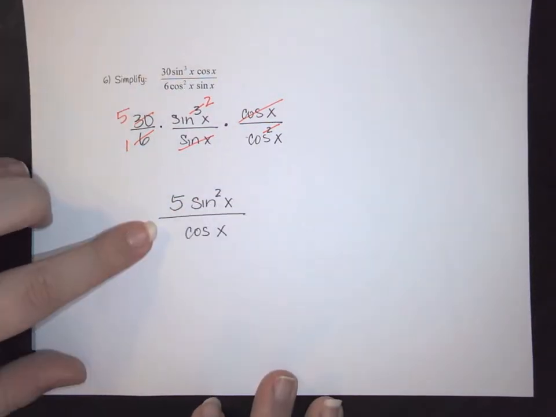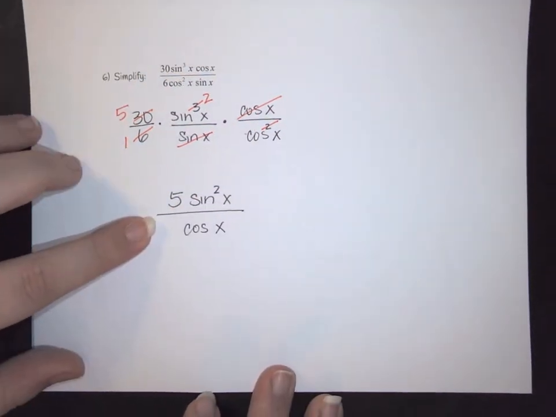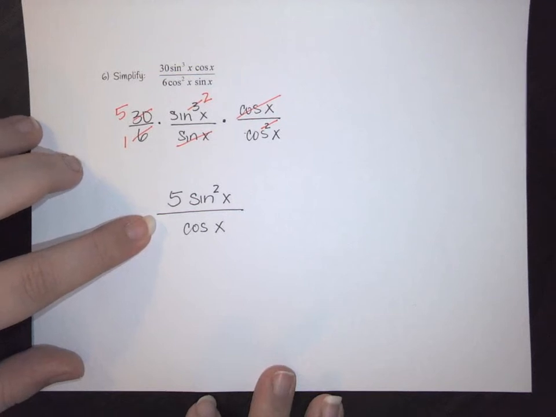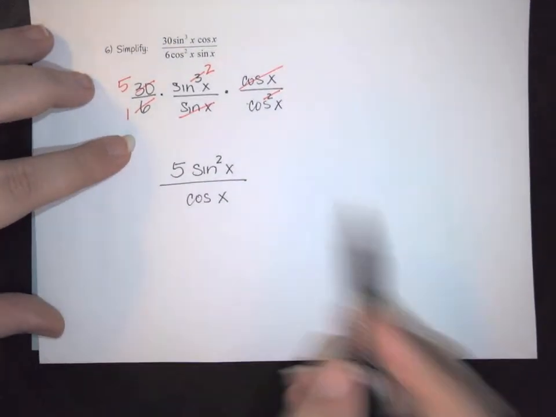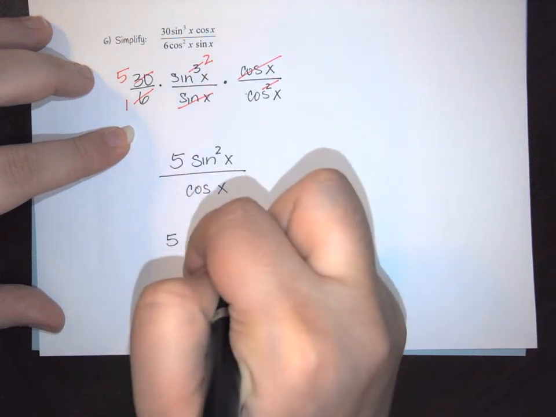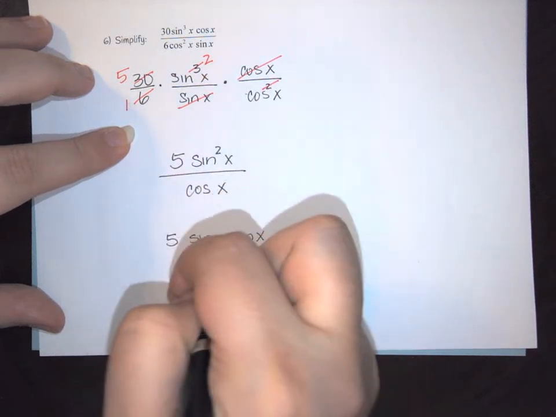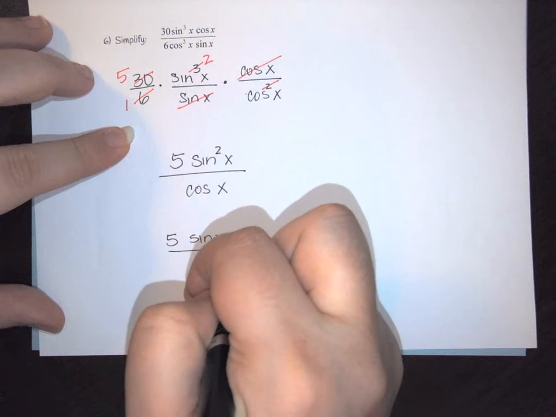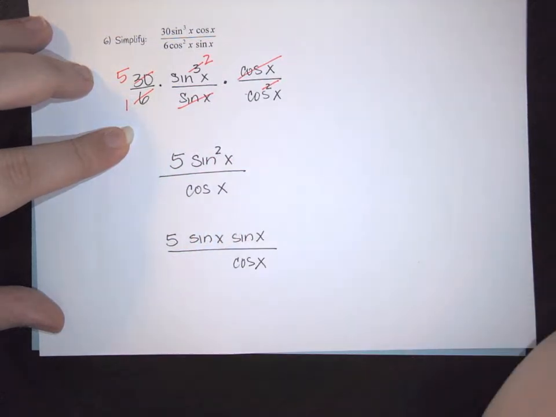Now once we do it like this, I still need to simplify. So one of the things that I would do is I would rewrite this to say that I have 5 sine of x, and of course we know this is all over the cosine of x.